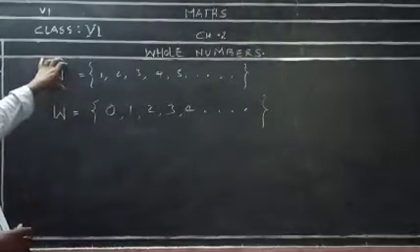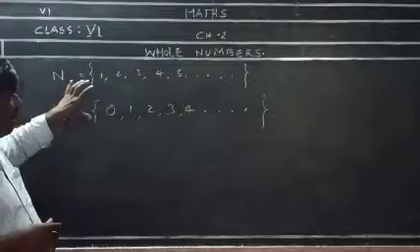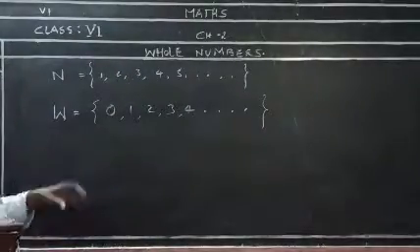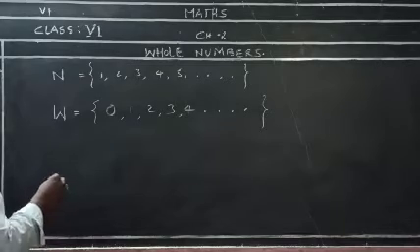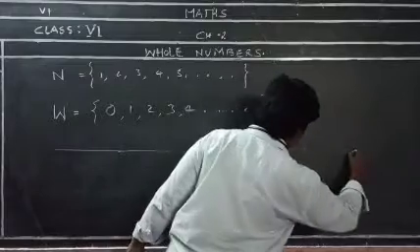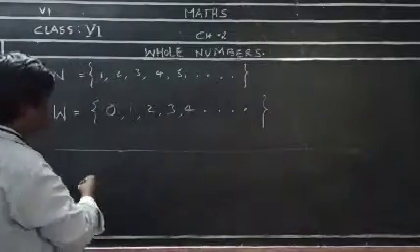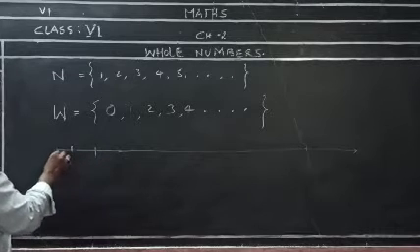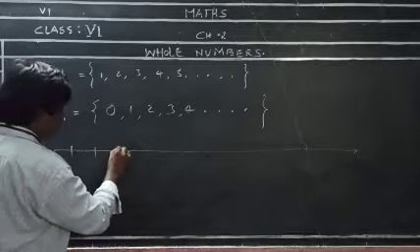So these are the natural numbers and these are the whole numbers. How can you represent these numbers on a number line? You already know the number line. What is the number line? It is simply a horizontal line with some lines drawn which are separated equally.